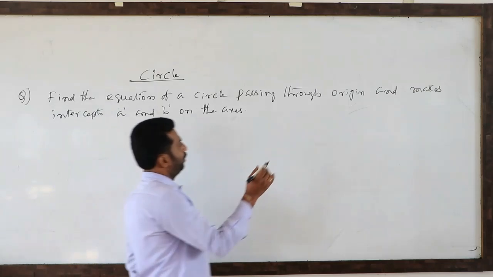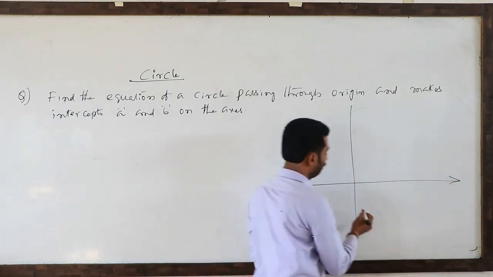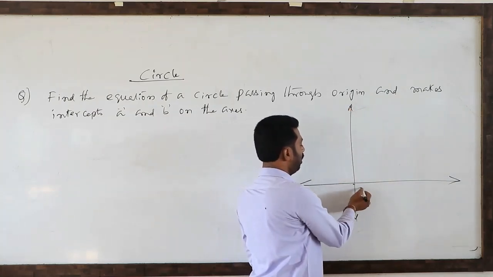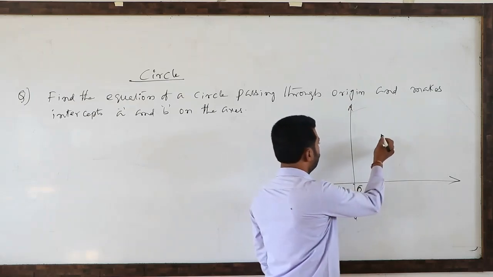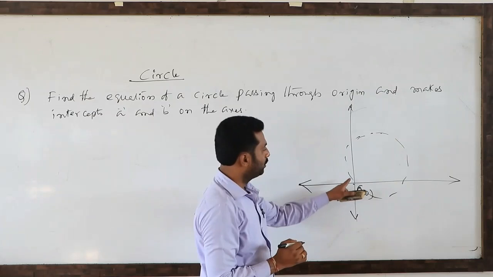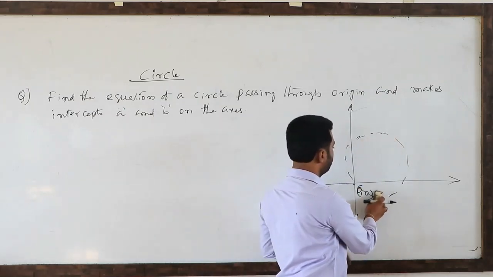So you observe, this is a circle. This is the origin. One circle is there, and you can draw it like this.